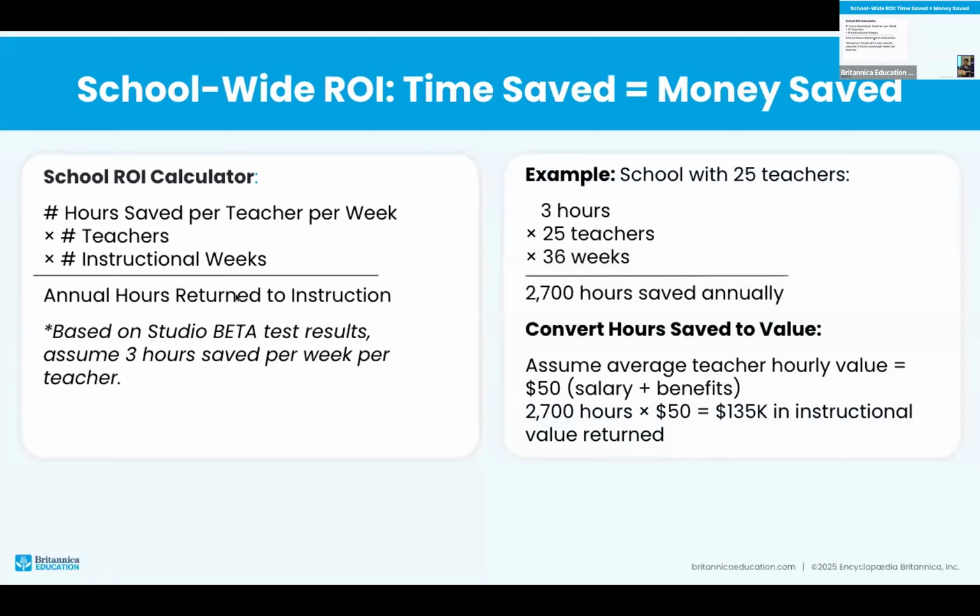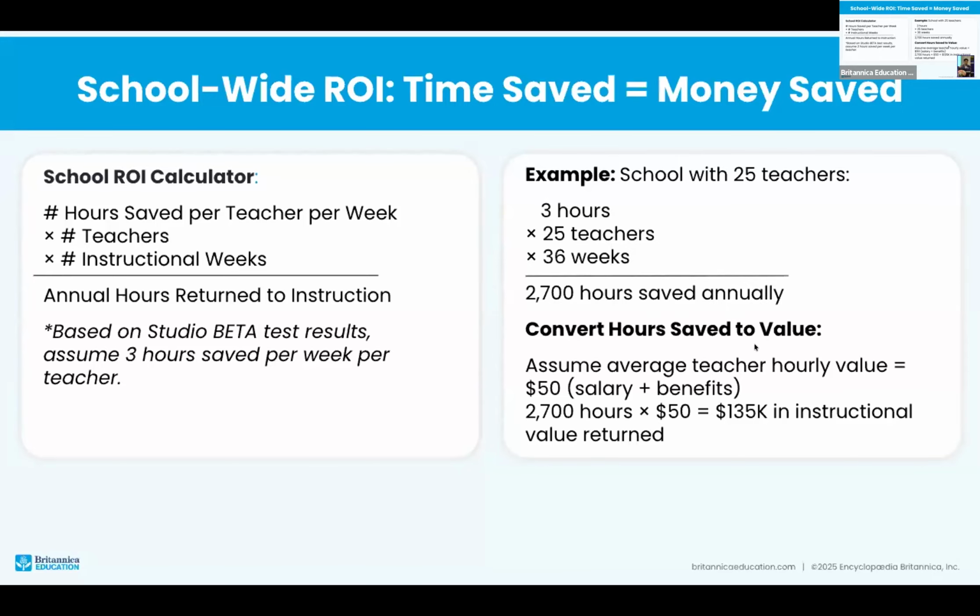Now let's try a simple calculation. There's a school with 25 teachers: 3 hours saved times 25 teachers times, let's say I'm assuming, 36 weeks of instruction in a year. That comes to 2,700 hours saved annually. That is 2,700 hours that can be returned to instruction.